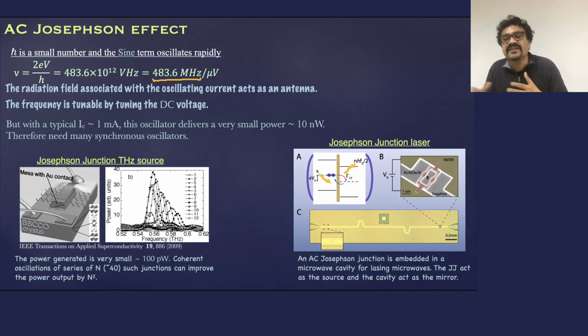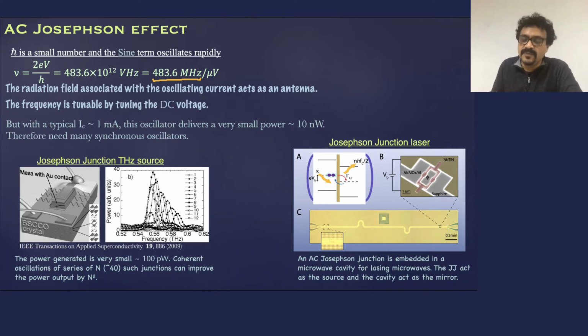So that is the lasing action there. Okay, so that's what is represented here. Okay, so this cavity can act like a mirror and provide lasing action for the microwave radiation emitted by the Josephson junctions.